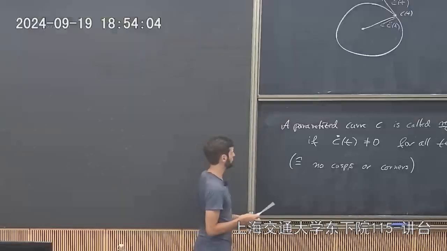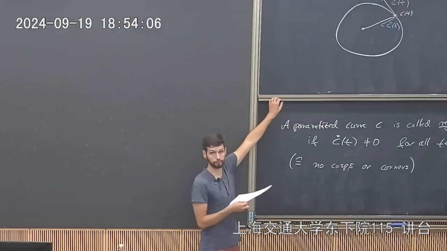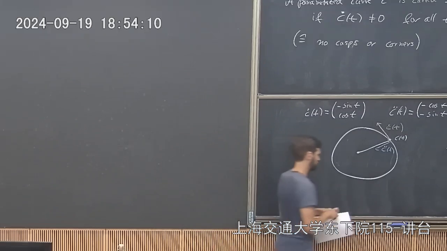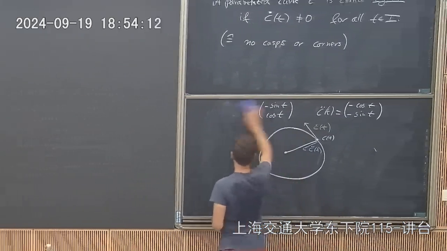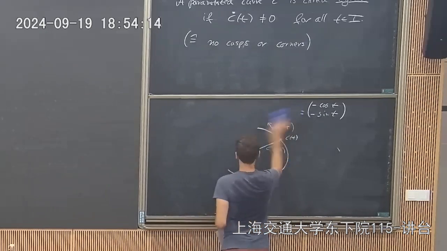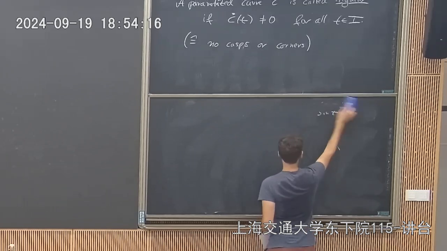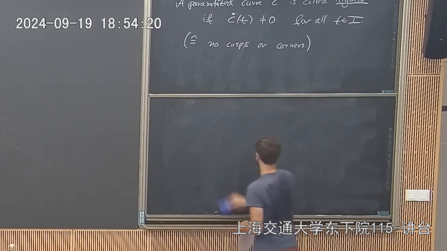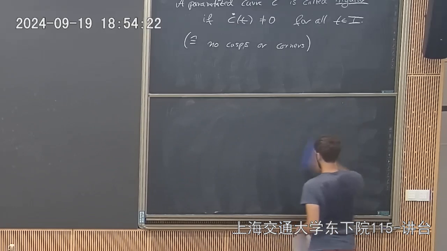Okay, and now we would like to talk about the length of a curve. And for that I want to recall two notions. First of all, we need to measure the length of a vector in order to make sense of what the length of a curve is.